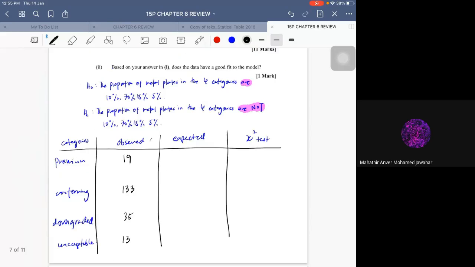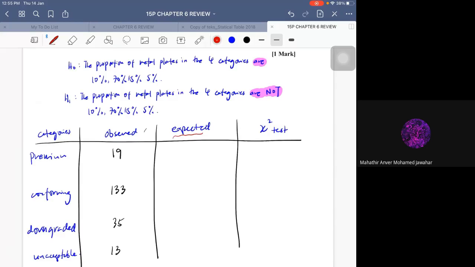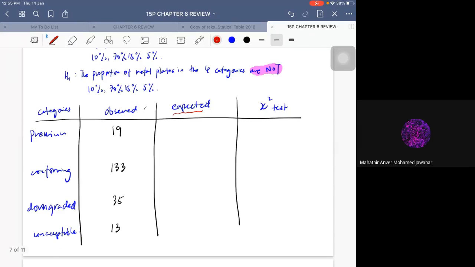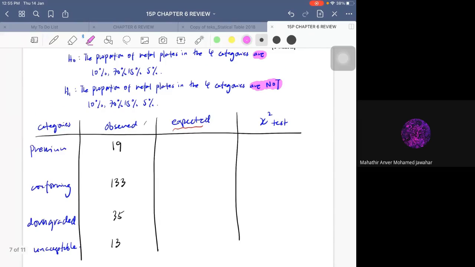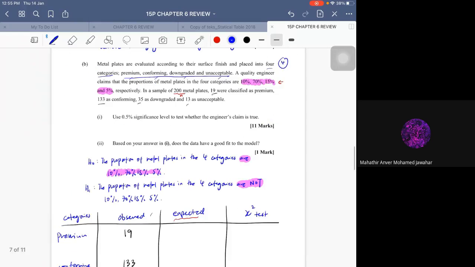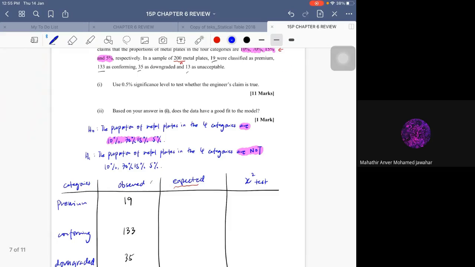So now I'm going to find what is going to be the expected value. Okay, so how do we find the expected value? Expected value is the value that we expect if it actually follows this particular distribution. So if it follows this particular distribution, it says that premium should have been 10%. So how do I calculate the premium?